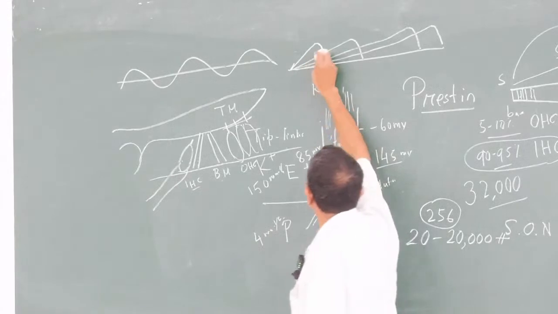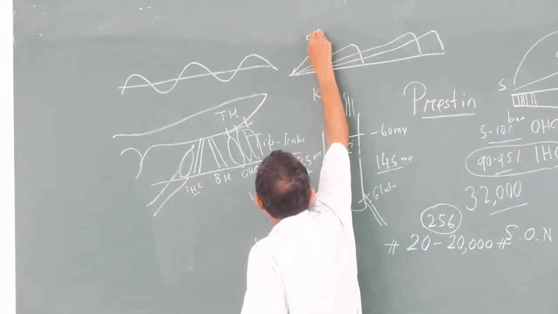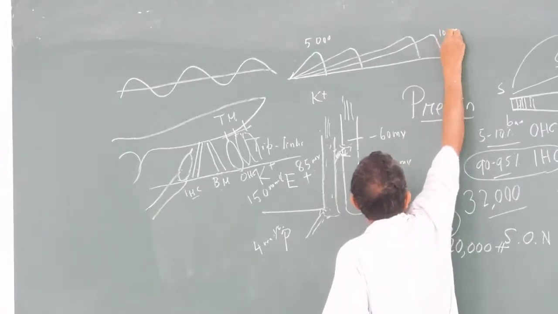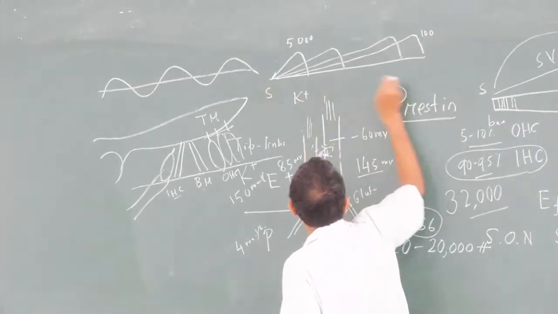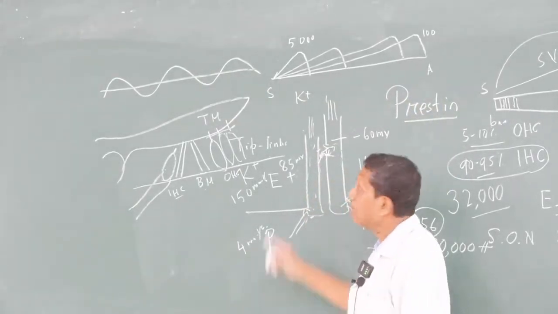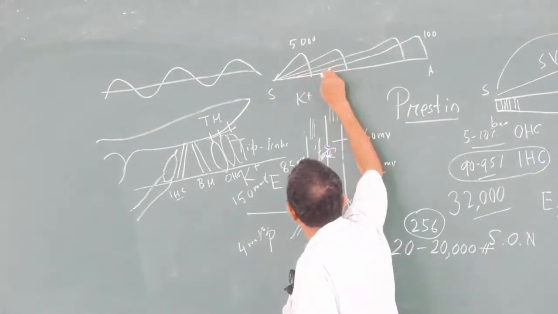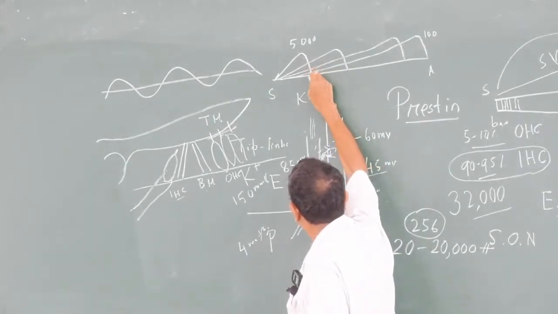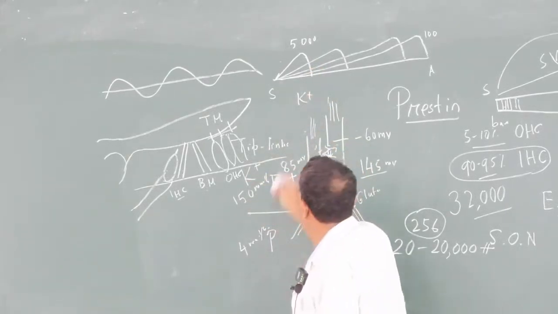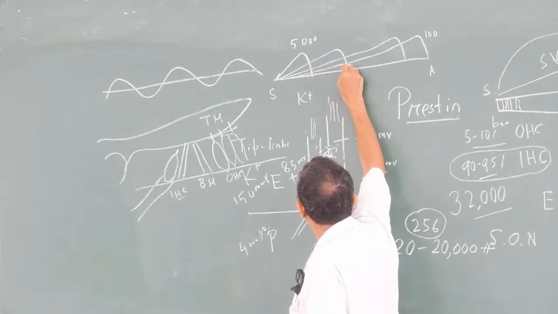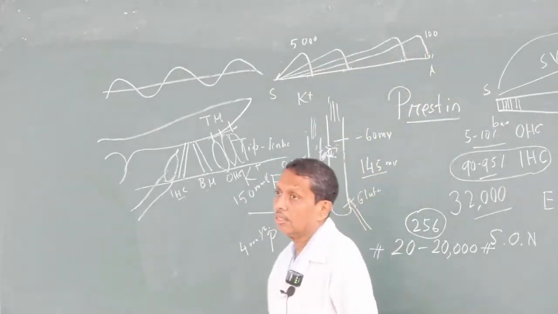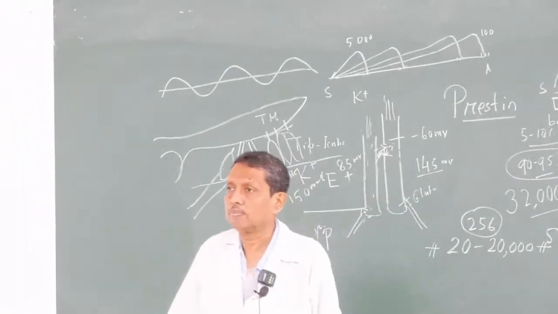Suppose in this case it is 5,000, and in this case it is 100 or so. It is the stapedial side and the apical side. The wave rises and there is an abrupt fall, and at that point there is the maximum pressure and depression, and the hair cells will be stimulated at this point. It depends upon the frequency.